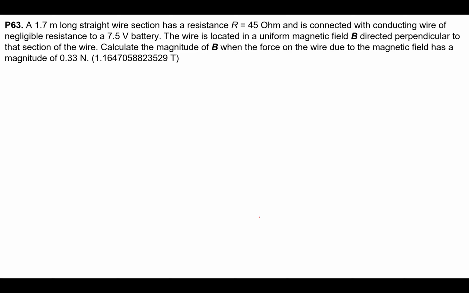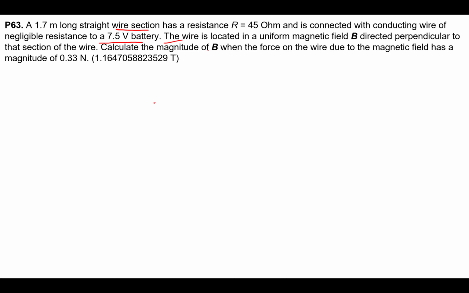And here comes, once again, a wire. Here's the wire. The wire section has a certain resistance and is connected by a conducting wire of negligible resistance to a 7.5 volt battery.